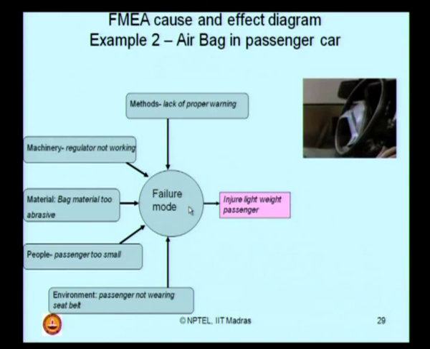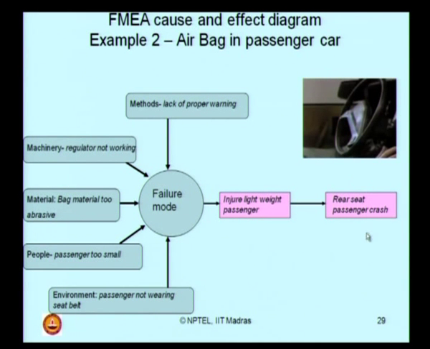What will be the effects of them? Injure a lightweight passenger. For example, the passenger is light in weight, he moves bodily and that injures a lightweight passenger, because the airbag has a specific pressure maintained inside that may hit back the passenger. Rear seat passenger can crash, because the airbag is provided only for the front seat passenger, the driver or the person next to him.